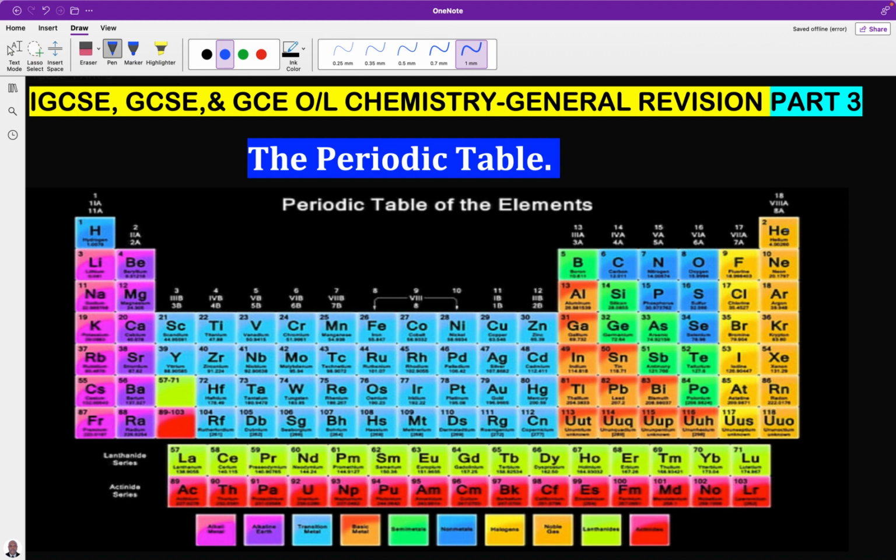Then the last group is what we call group 18 or group 0 or group 8. This group of elements, we call them the inert or the noble gases.